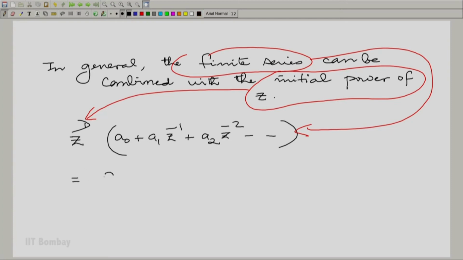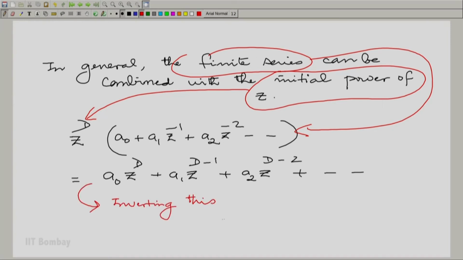So, you can write a0 z to the power d plus a1 z to the power d minus 1 plus and so on. And inverting this is very easy. We simply get a0 delta of n plus d and so on.